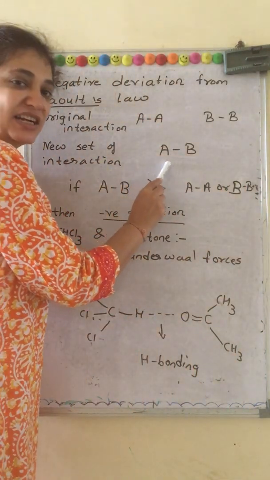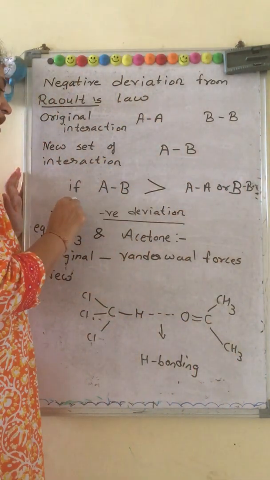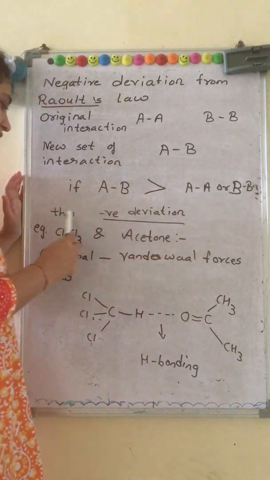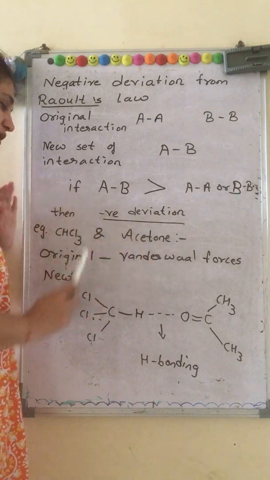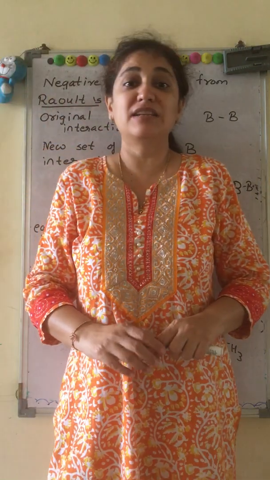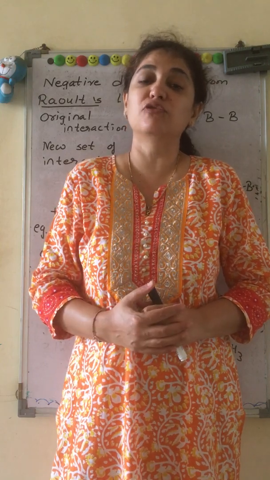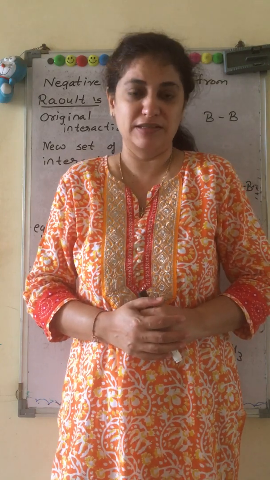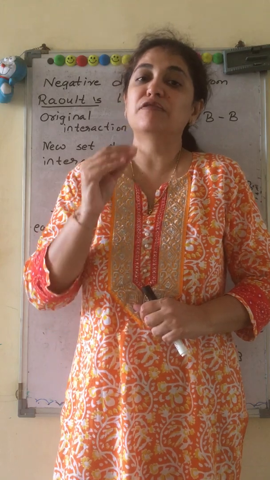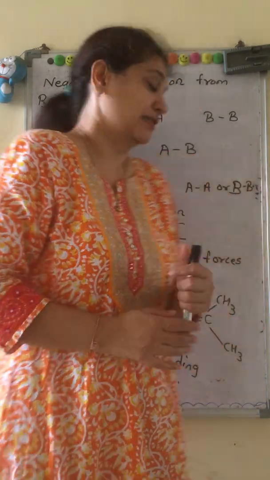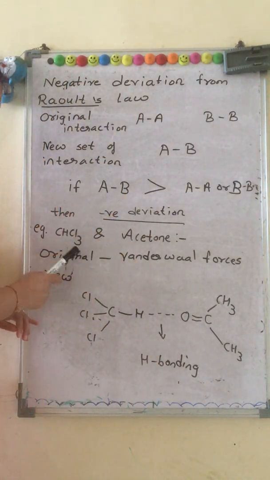It can be represented as A-B. If A-B is greater than A-A or B-B, then we get negative deviation from Raoult's law. That is, the new set of interaction is greater in magnitude, so less of the solution passes into the vapor phase. Thus, the vapor phase is found to be less than it is expected. So, we get negative deviation.